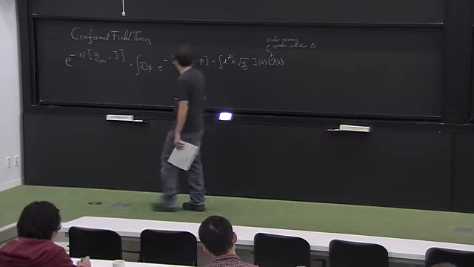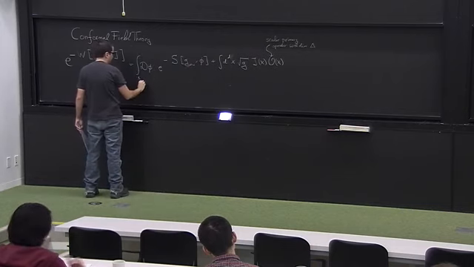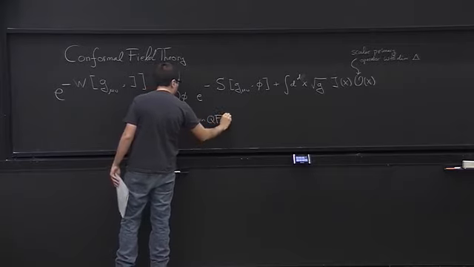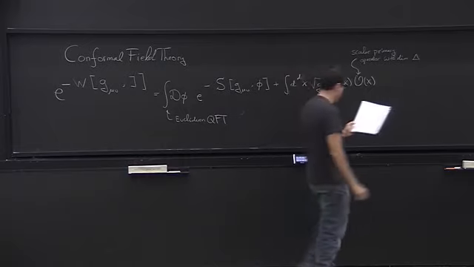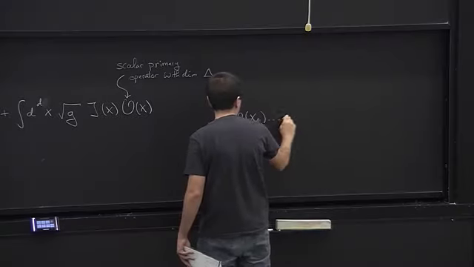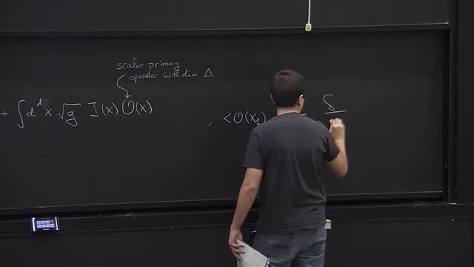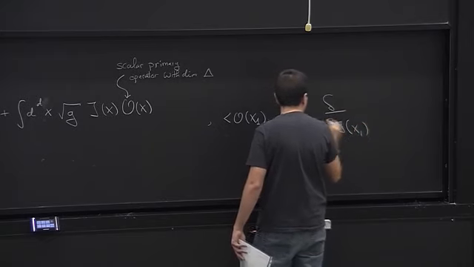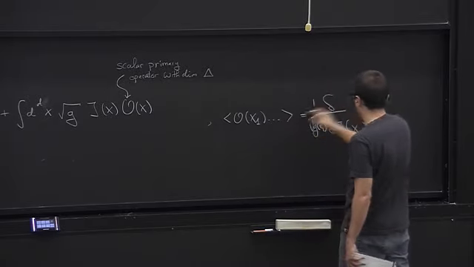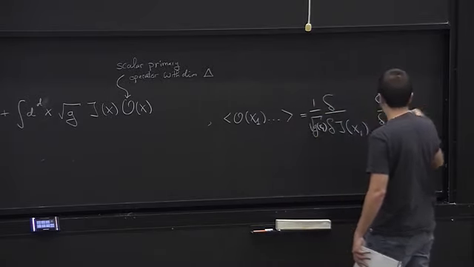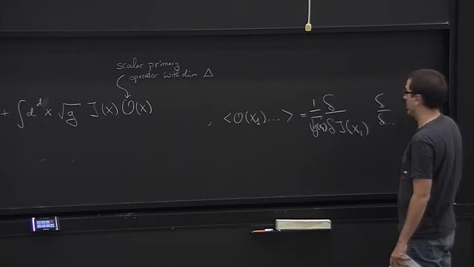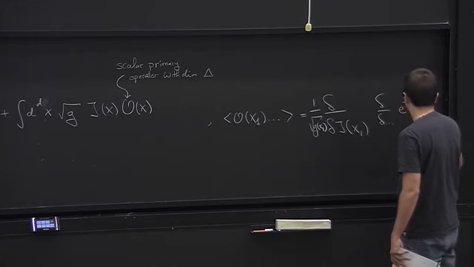So we start with some Euclidean quantum field theory. I want to say that, of course, correlation functions of operators you extract by doing derivatives with respect to J at point x1, with 1 over the square root of the metric at point x1, and then a bunch of other derivatives if you have more fields, acting on e to the minus W, and then setting the currents to 0.